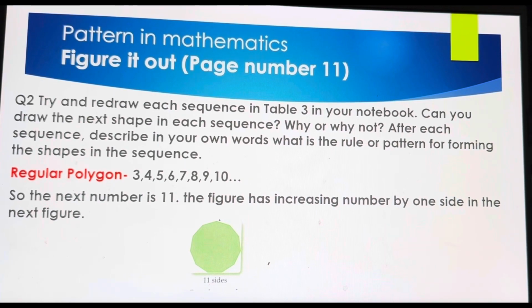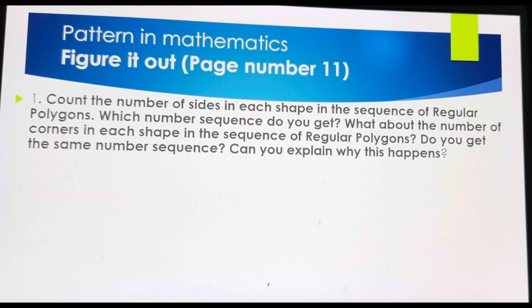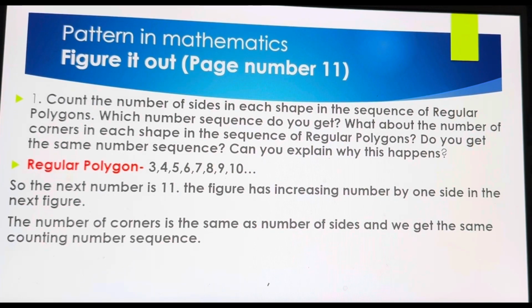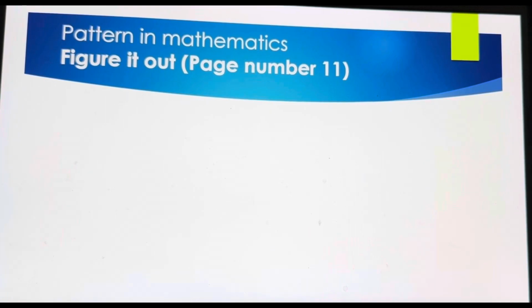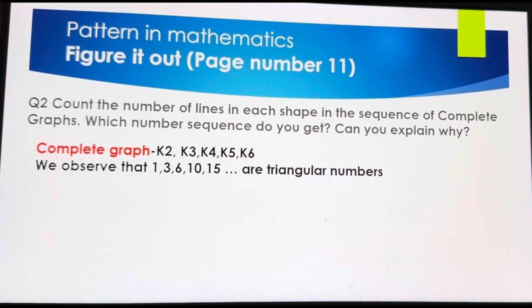Question number 2, first shape sequence. Now the second shape sequence, here it is. Now the second shape sequence of question number 2, we'll just see what it was. It was complete graphs. We observed that they are all triangular numbers. The number of sides are triangular numbers.